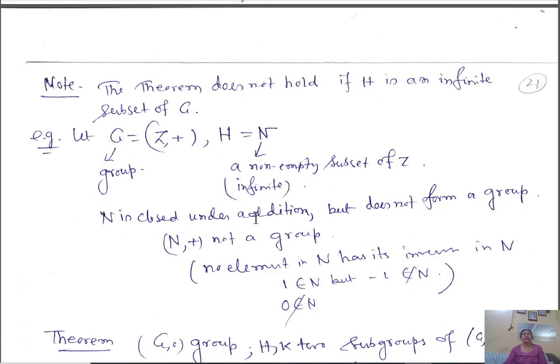It is closed under addition, but it does not form a group because elements do not have their inverse in it. The inverse of 1 is minus 1, but it does not belong to N. So it does not form a group.